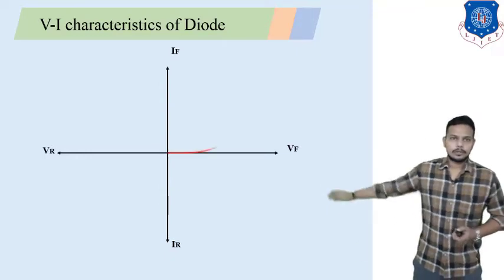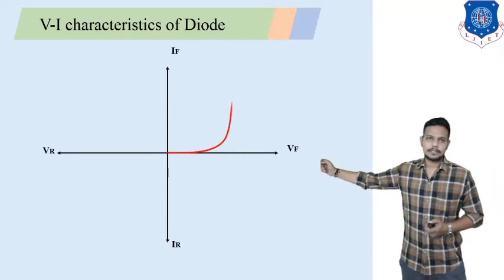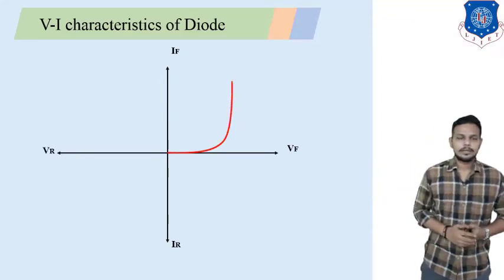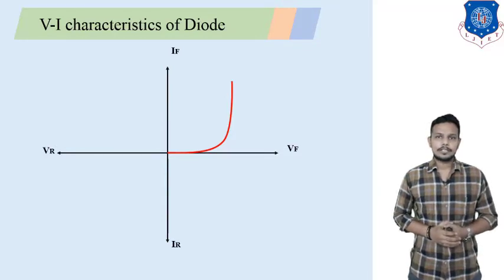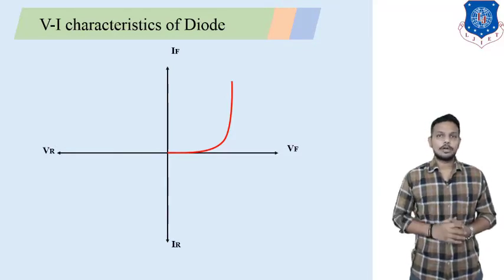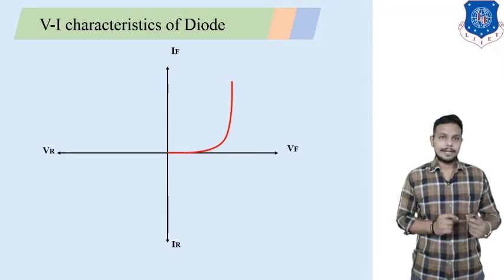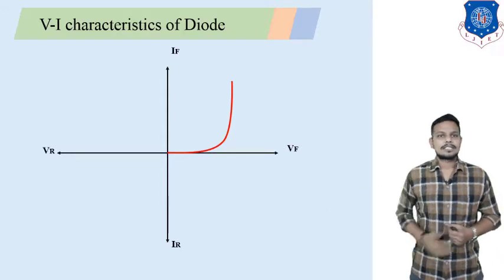So its graph is like this. If we are using germanium material, its cutoff voltage is 0.3 volt. If there is silicon material, then its cutoff voltage will be 0.7 volt.